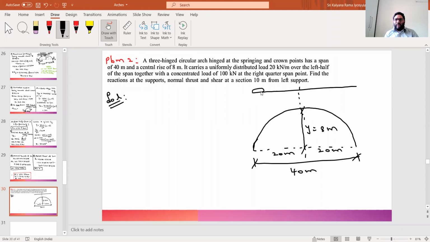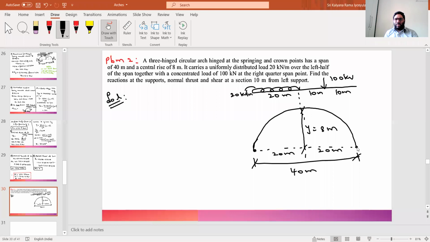Now what are the loads? The UDL is 20 kilonewton per meter over the left half, that is 20 meters, and 100 kilonewton at the right quarter point. So the right half is 20 meters, and from the center it is 10 meters, where the 100 kilonewton acts.